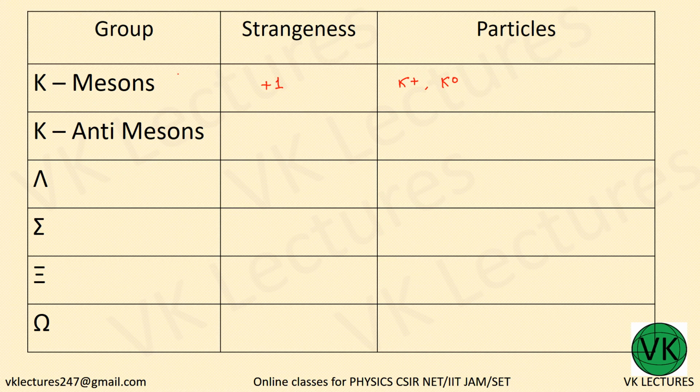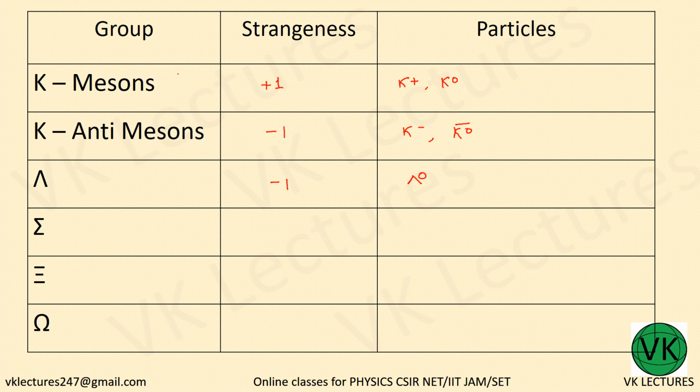K anti-mesons, the antiparticles, have strangeness -1, and the particles are K minus and K naught bar. Lambda, the particle is lambda naught and the strangeness is -1.